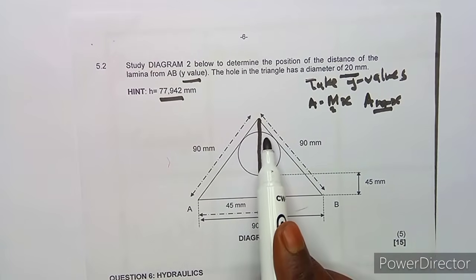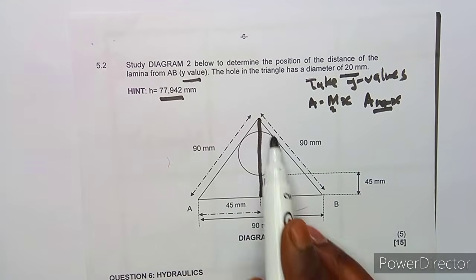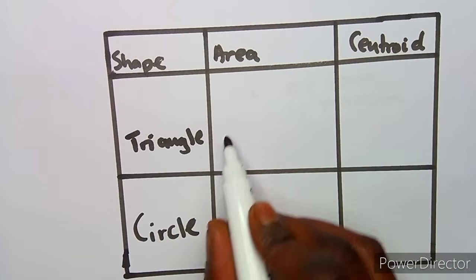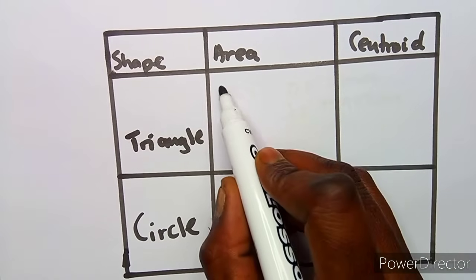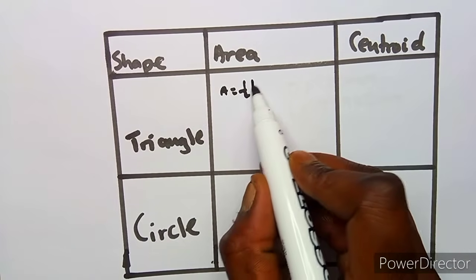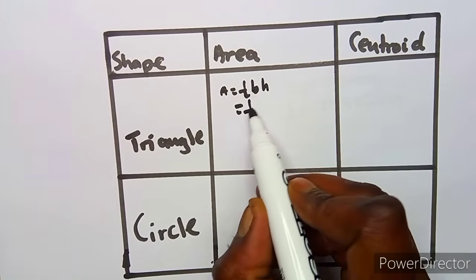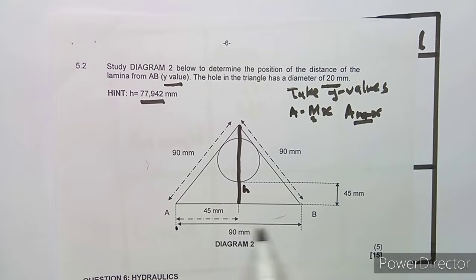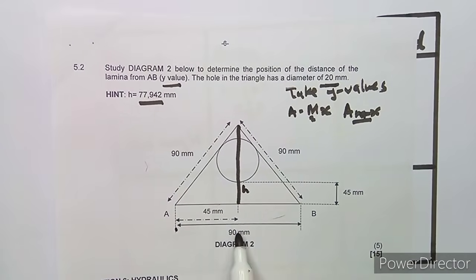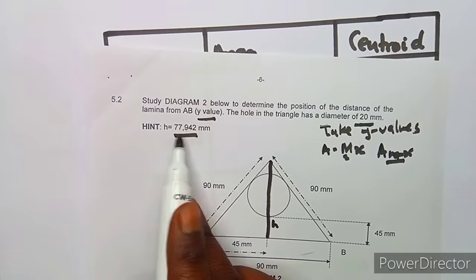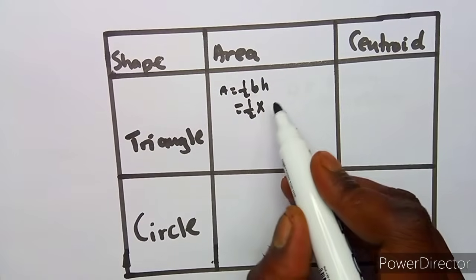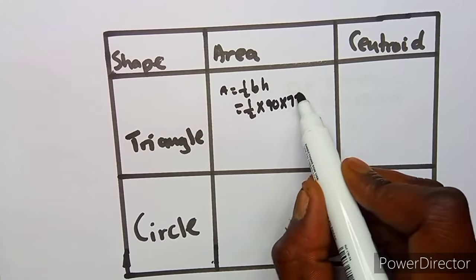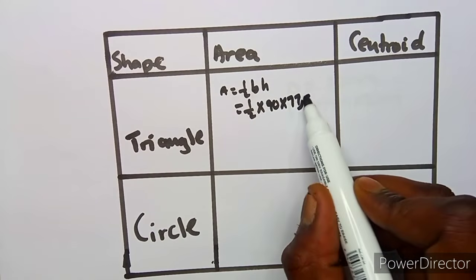So the total area is going to be the area of the triangle minus the area of the circle. We'll talk about that one, but anyway, we know that the area of a triangle is half base times perpendicular height. So it's half times the base, which is given from this point A up to B. It's 90 millimeters. Then the height is given there. So it's half of 90 multiplied by 77,942.